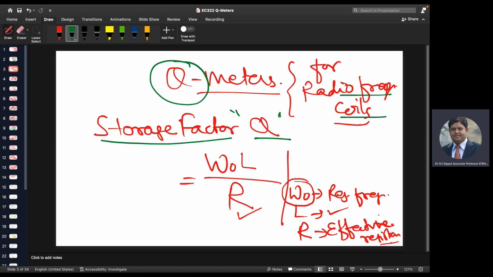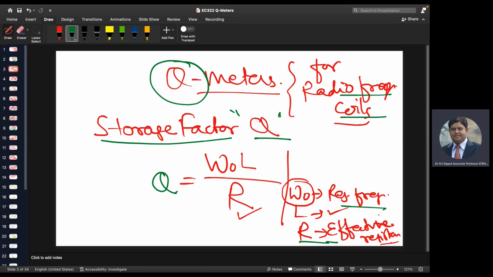And what is storage factor? It is power dissipated divided by power stored in that particular element, right? And by default it is defined as Q is equal to omega naught L by R. Omega naught is the resonance frequency and R is the effective resistance, right?